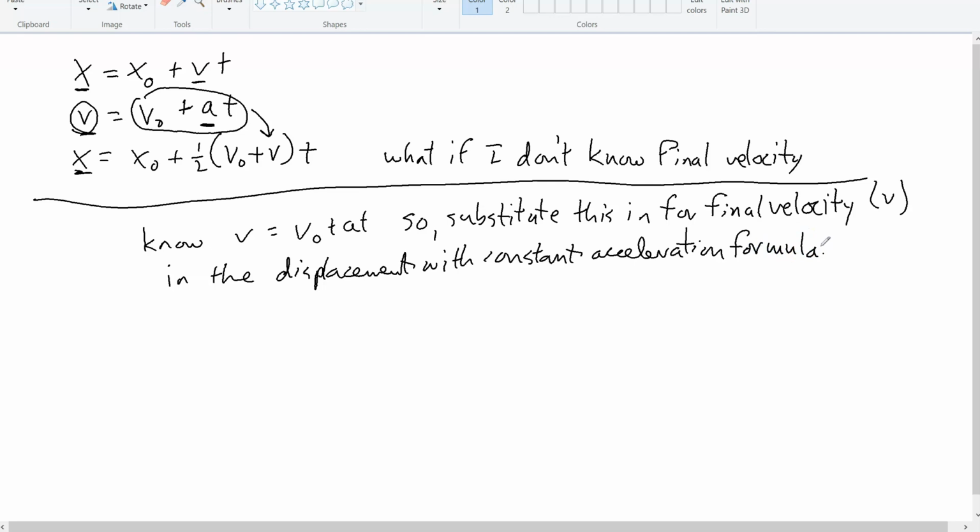And think about this as you're writing it out. Substitute this in for final velocity in the displacement with constant acceleration formula.